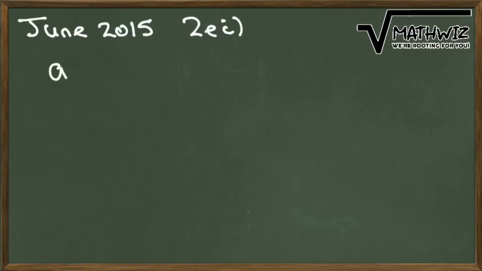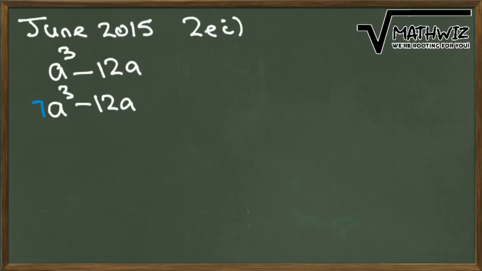All right, and we have a cubed minus 12a. So remember, whenever we don't see a number in front of the letter, we know that it is 1. The question didn't have the 1 there, but since I talk about finding the highest common factor of numbers and letters, you may want to imagine that there's a 1 there.